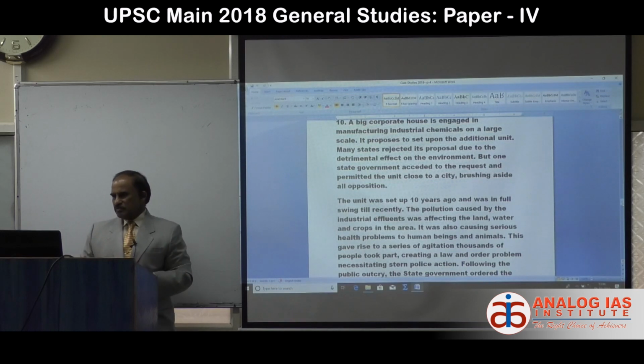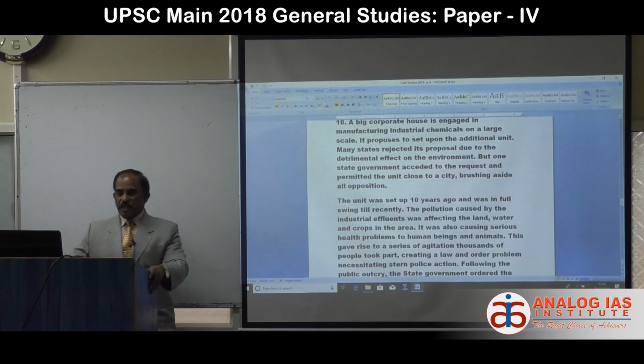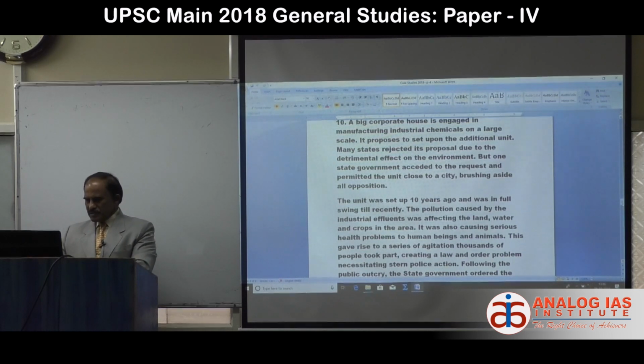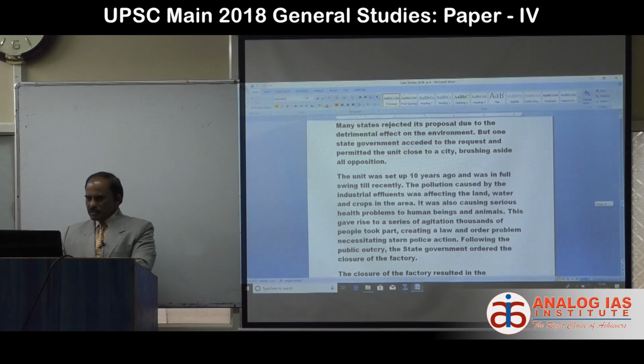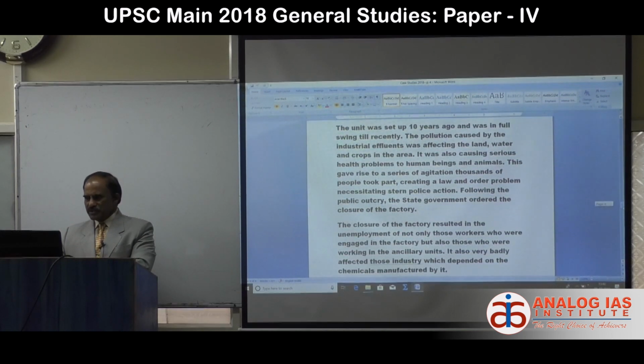But the pollution caused by the industrial effluent was affecting the land, water, and crops in the area, causing serious health problems and creating a law and order problem, necessitating stern police action. And following the public outcry, the state government ordered the closure of the factory.